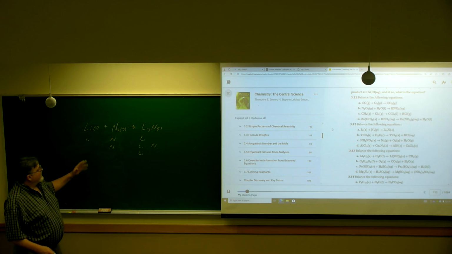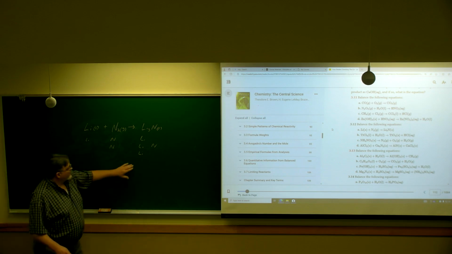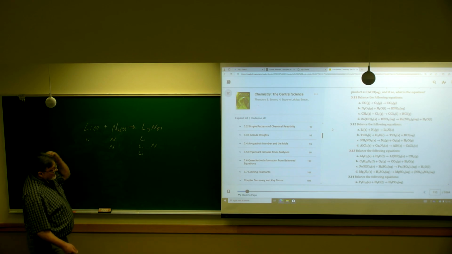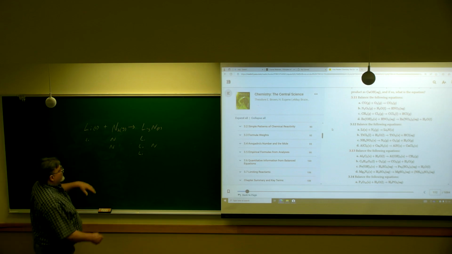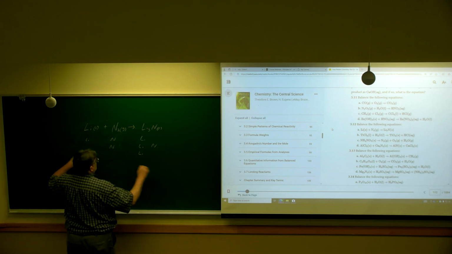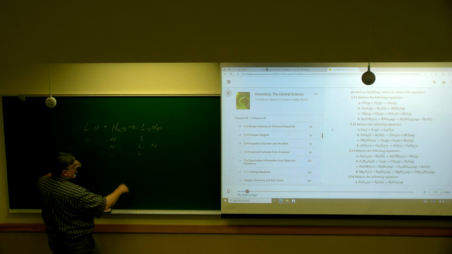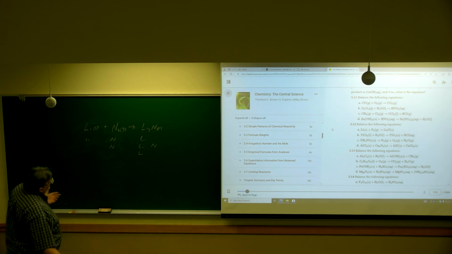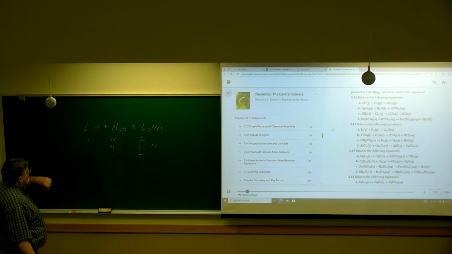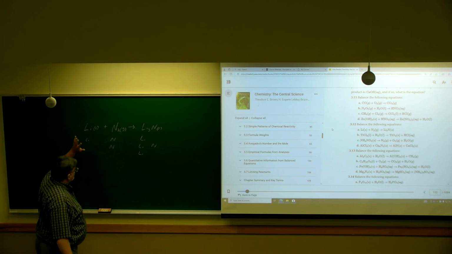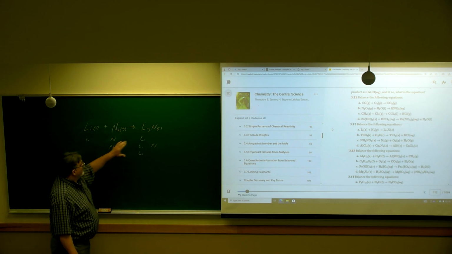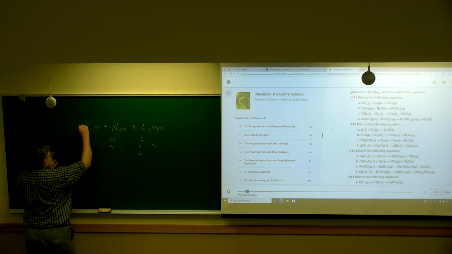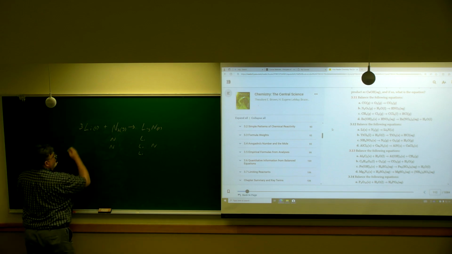That can't happen. And we've only got 1 Li here, but we've got 3 here. That can't happen. So you have to set this up such that there's the same number of nitrogens on both sides and the same number of lithiums on both sides. So you kind of go by trial and error. You can start by looking at the first one: there's 1 of these and 3 of these, so I need to put a 3 here, and that'll fix the lithium.